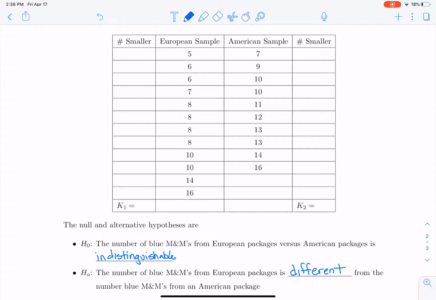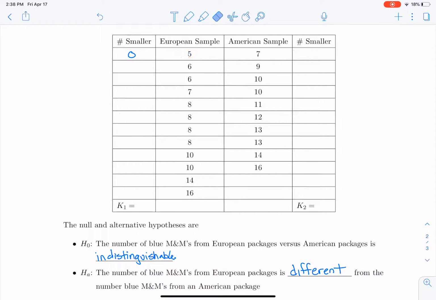First, I will look at this European sample of just 5 blue M&Ms, and notice that there are no packages of American M&Ms that have less than 5. So I will record a 0.